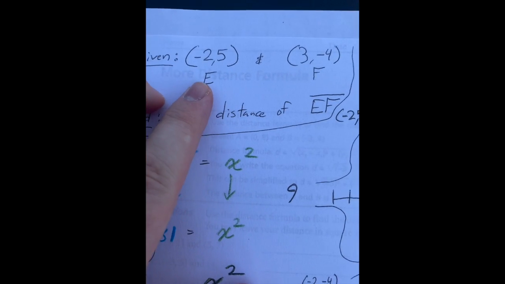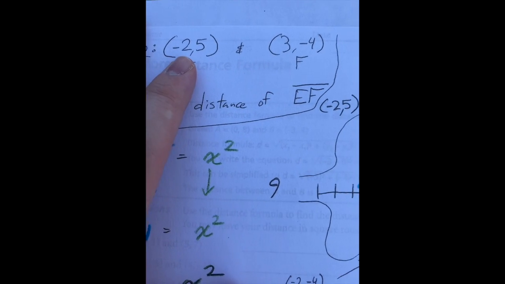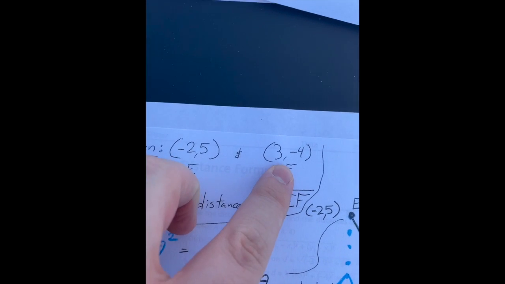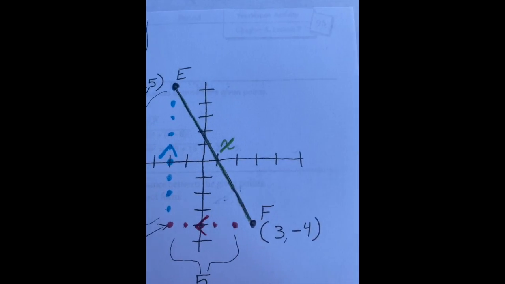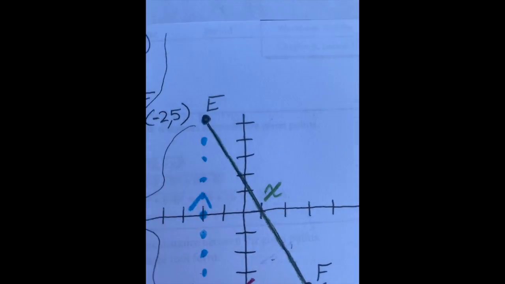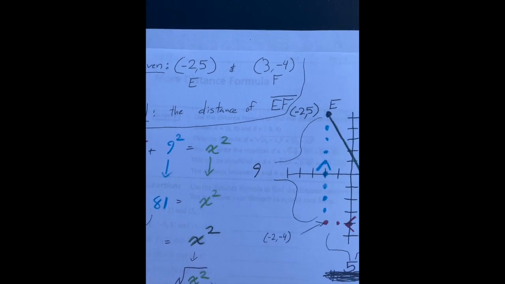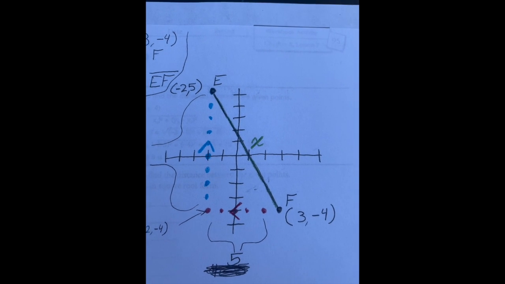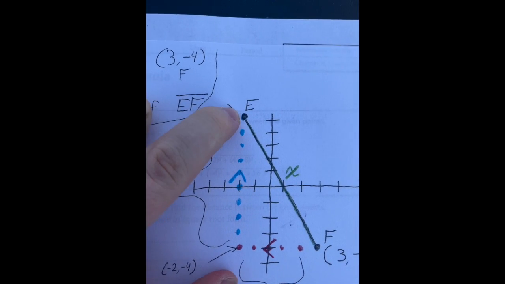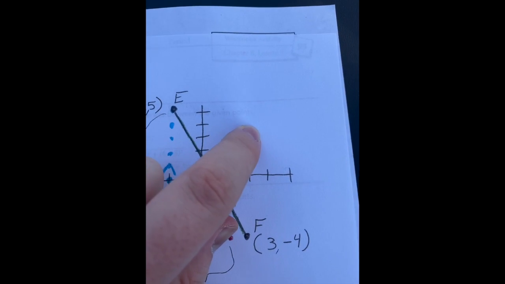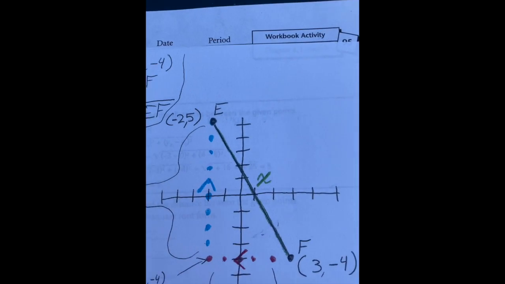We're given 2 points, E, which is (-2, 5), right here, and F, (3, -4). There it is. What's the distance between the two? What is the value of x? So we can actually begin mapping it out. E is our starting point. Instead of going horizontal this time, I mean, we could do horizontal and then vertical.